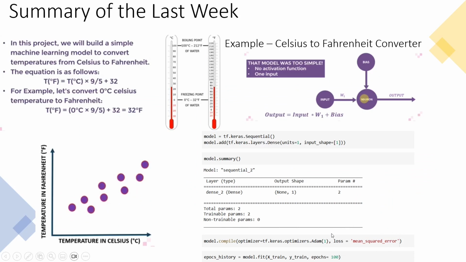That's basically the loss function. And we need to tell TensorFlow which optimizer it needs to use. There are a couple of optimizers for regression and classification problems separately. And in this case, we will be using the Adam optimizer and the loss function as mean squared error.